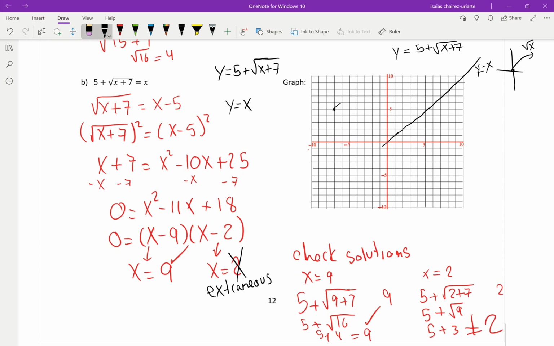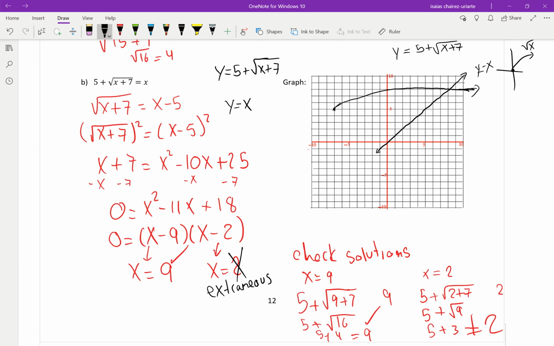I didn't draw any of them correctly. That's okay. That's why I do not rely on my own graphs. That's why I like to use my calculator sometimes. Makes life a little easier. So that's y equals x, and this graph is not supposed to be going down, but it goes something like that.